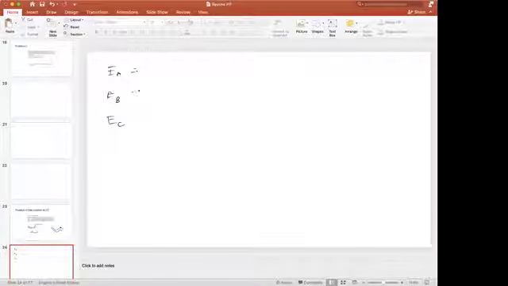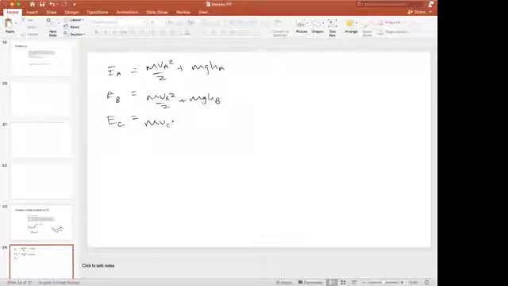So I know the only energy this thing can have is mVA squared over 2 plus mgHA, and mVB squared over 2 plus mgHB. If you have a question, just interrupt me. I don't care. I won't think it's rude or get mad. So now our next step is find V and find H for A, B, and C. We also have friction, and we'll get to that.